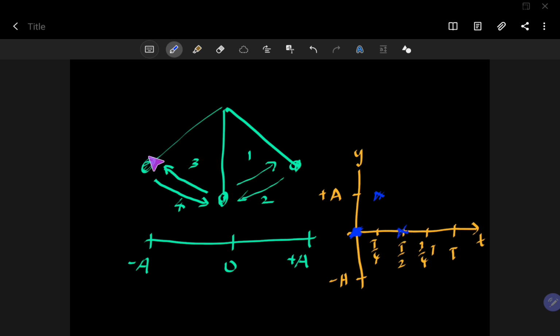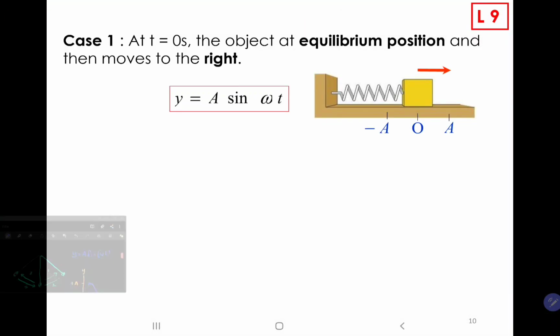For the next quarter, it reaches the negative amplitude, and then in one period, the pendulum bob turns back to its equilibrium. So just be here: first motion, second motion, third motion, and the fourth motion. From this graph, we know that the graph is purely sine. So the equation is y equals a sine omega t. The graph is purely sine and positive in this situation. Alright, this is the first example given.